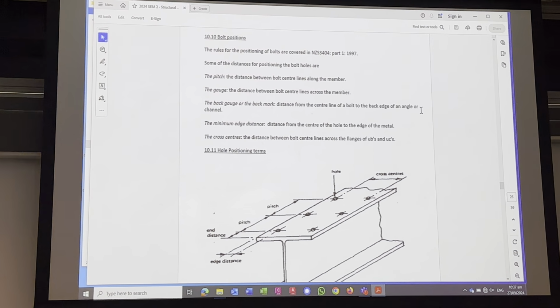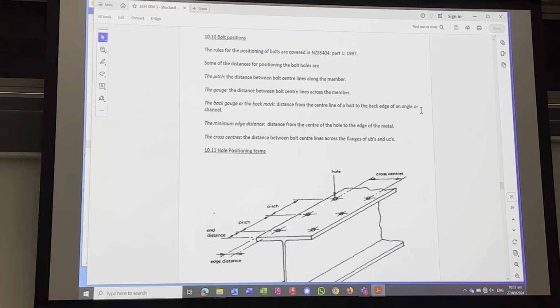We also have an end distance and an edge distance, end and edge. My test has a question on end and edge, but it's put in such a way that you need to look at that diagram to figure out which is which. Obviously the end of the beam is the distance to the end of the beam, called the end distance, and the edge is on the side.